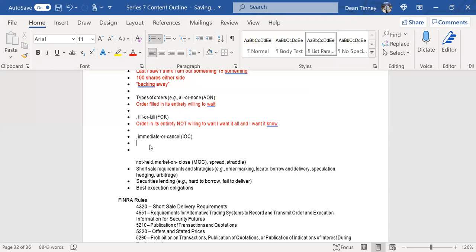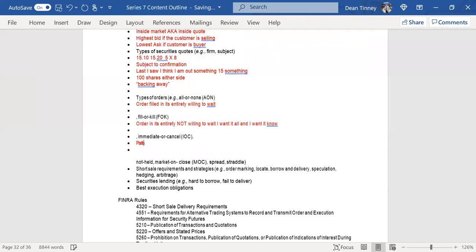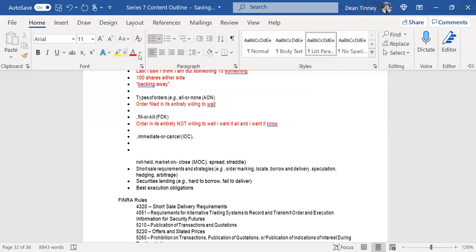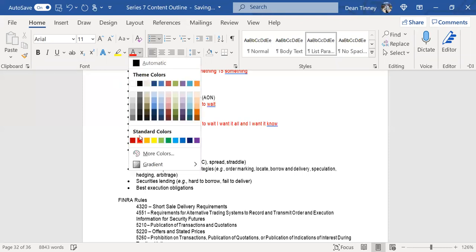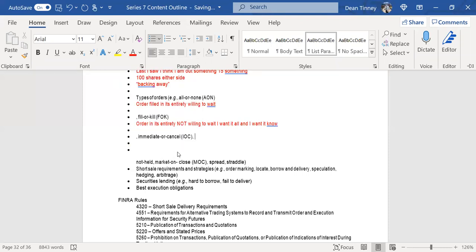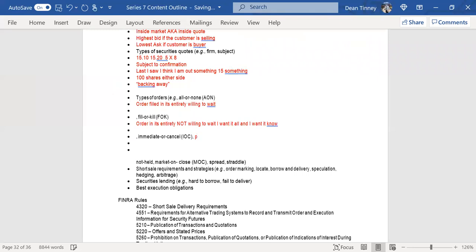I will accept partial execution, but I want it now. I will accept partial execution, but I want immediate fill.